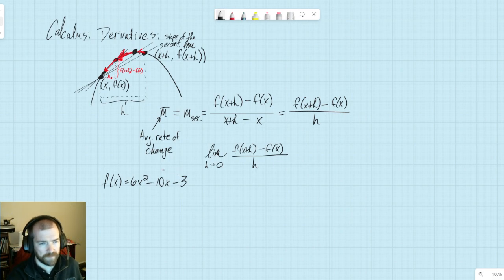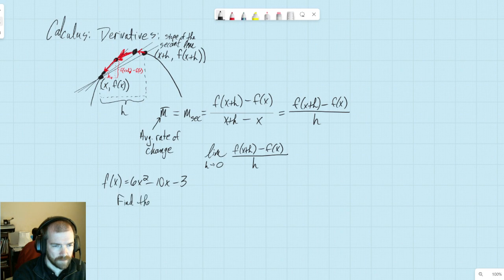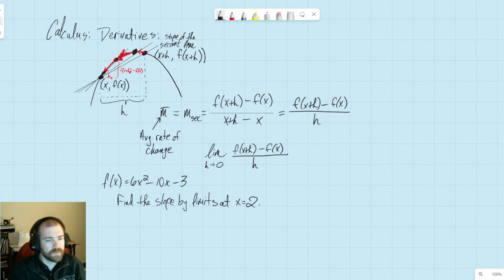Something like this. So find the slope by limits at x equals 2.